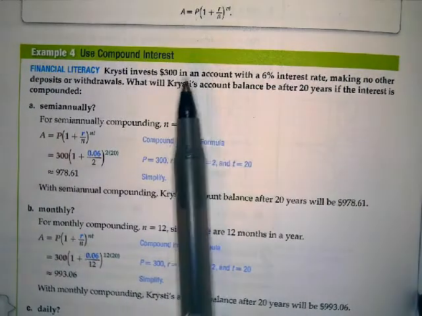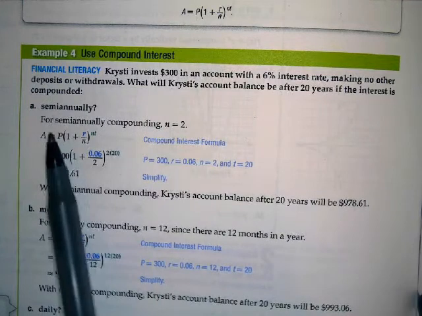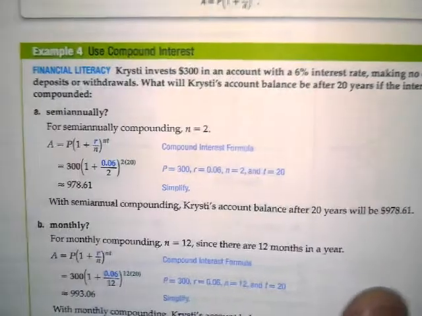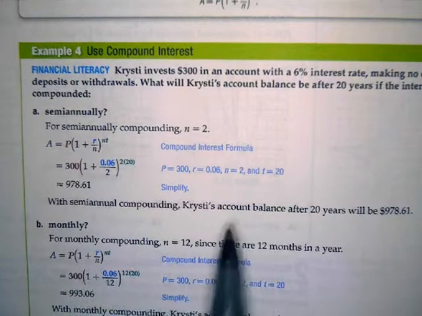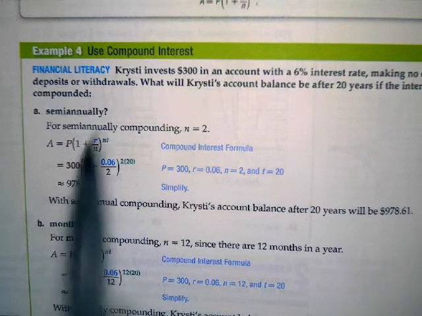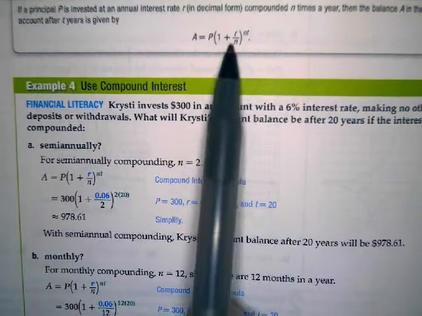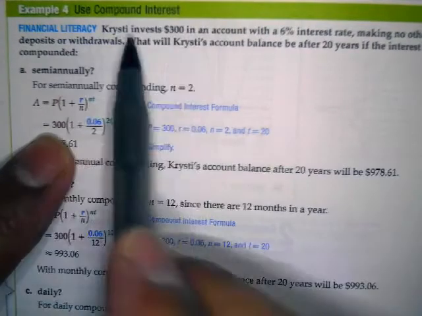Christy invests $300. Let me move up to the little formula. That's your value of P, your principal. P is 300, or actually you can see it right here, P, 300. Let me zoom in here. Let me focus it. All right, this is the formula, the same one that's up here for compound interest.